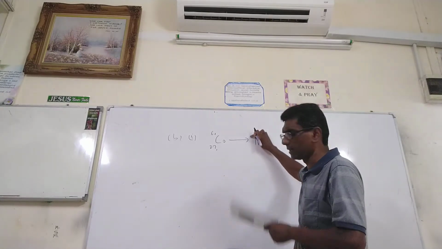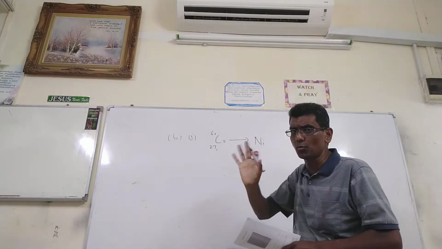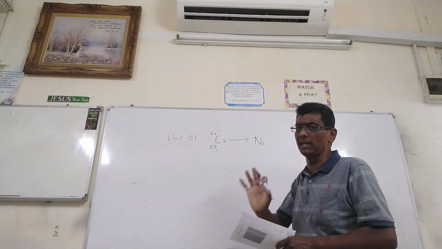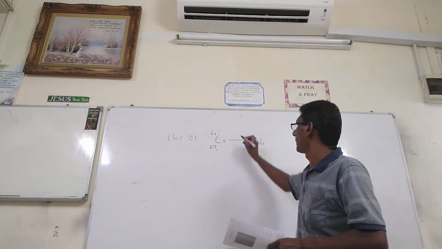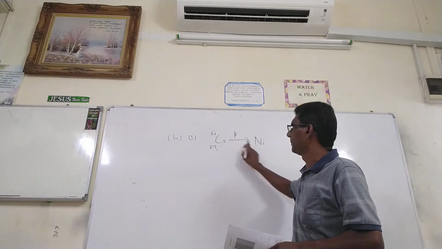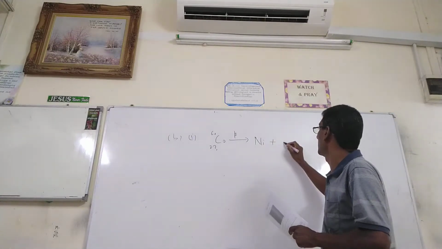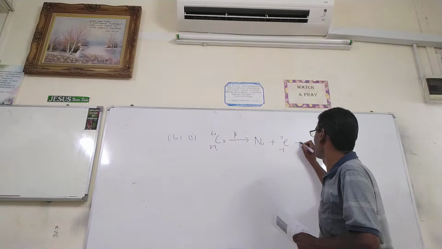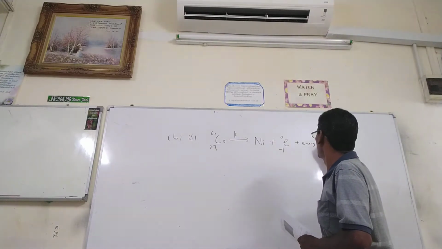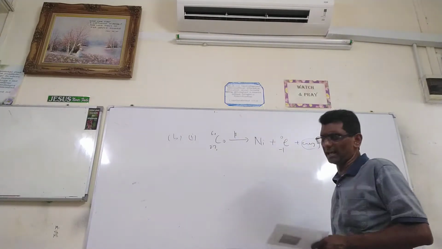We don't have to write the nucleon number and proton number at the beginning. But for beta emission, you must write beta, which is represented by an electron 0, -1, plus energy. Energy we don't have to write, but you write this one.